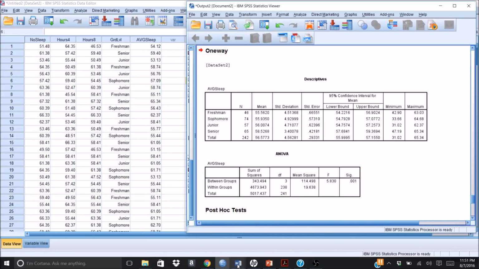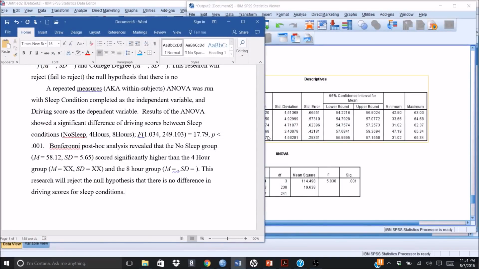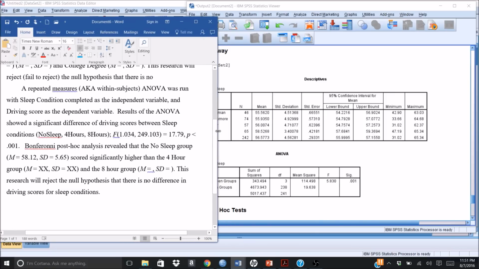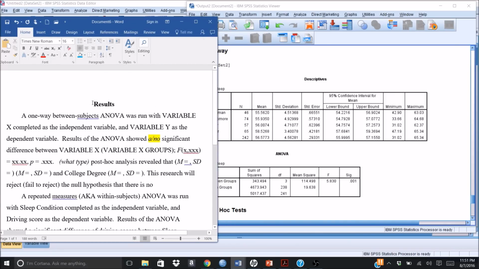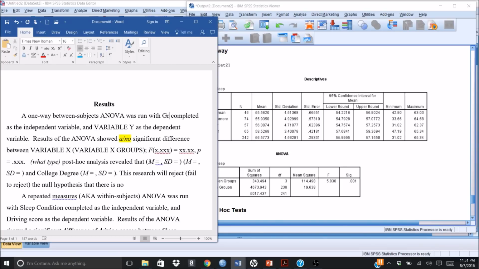So let's go back to my cheat sheet that I already started. For my between subjects ANOVA, a one-way between subjects ANOVA was run with, and what is my independent variable? You guessed it, it is grade level.